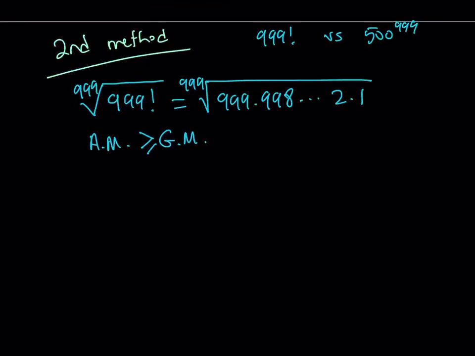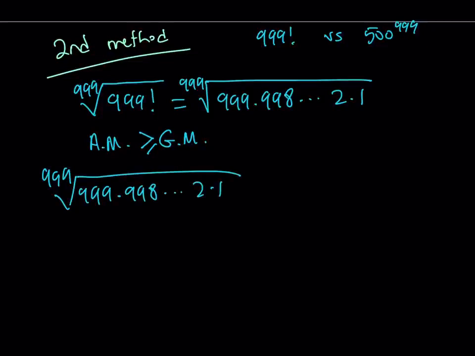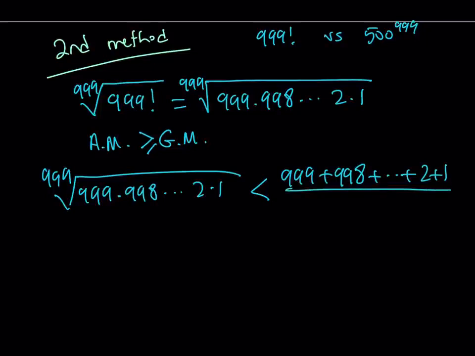So I can safely say that the 999th root of this product, which means the geometric mean of all these 999 numbers, is going to be less than their arithmetic mean, which is their sum divided by the number of numbers, which is 999.